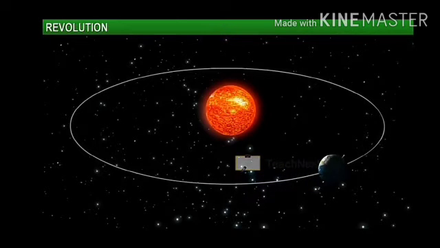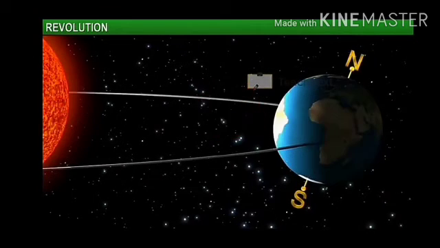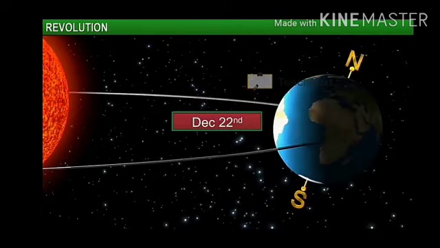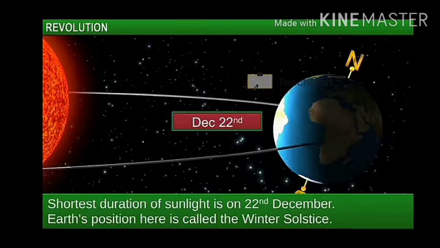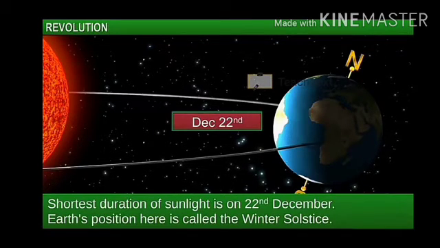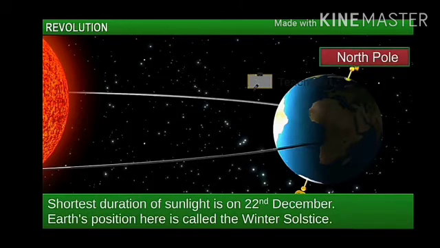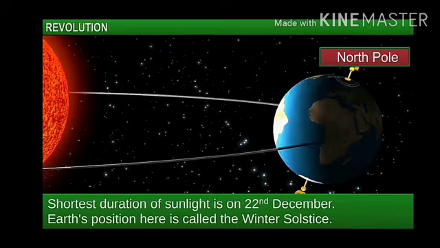Now let's follow the Earth's orbit. The Earth seems to have reached another turning point. The date is December 22nd. This is when the Earth reaches the other end of its orbit. The North Pole is facing away from the Sun.